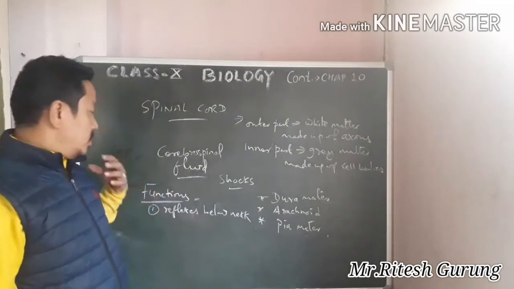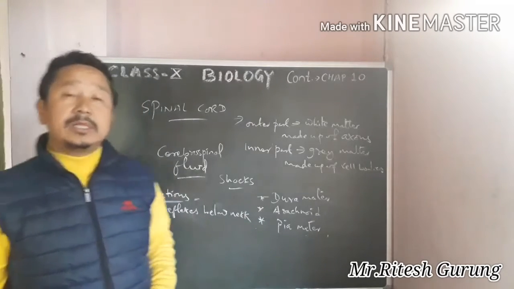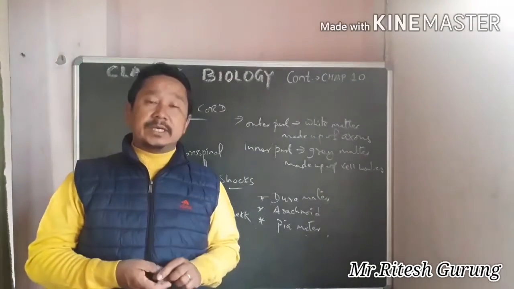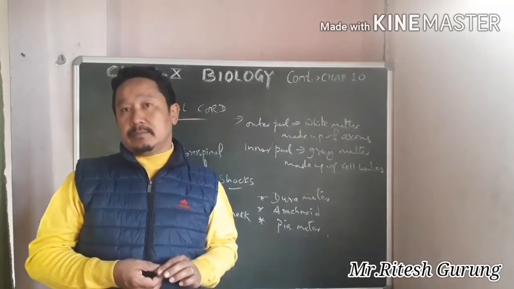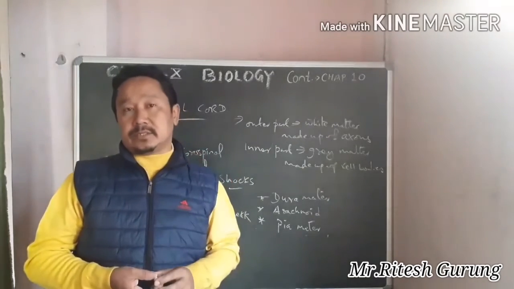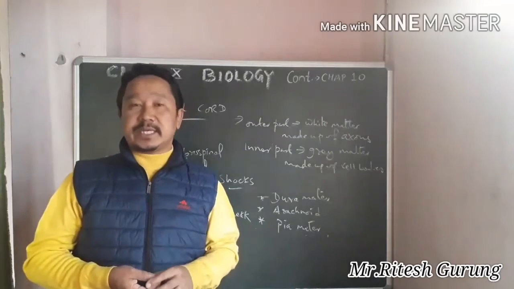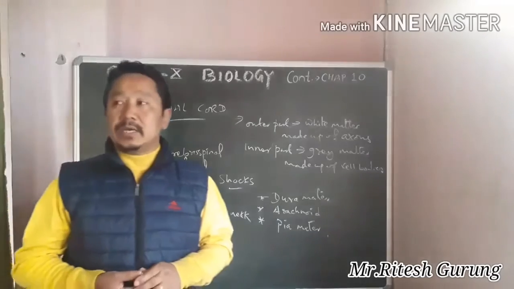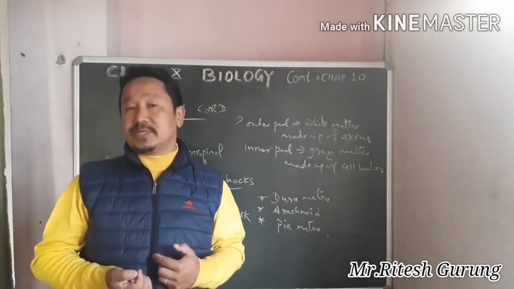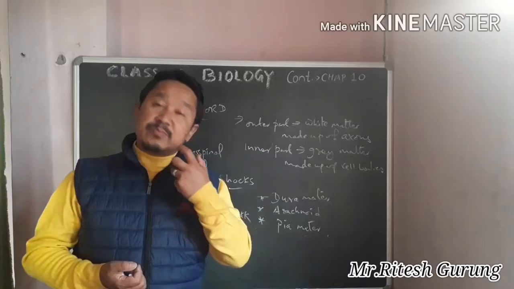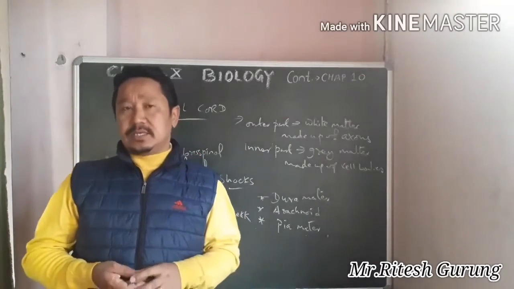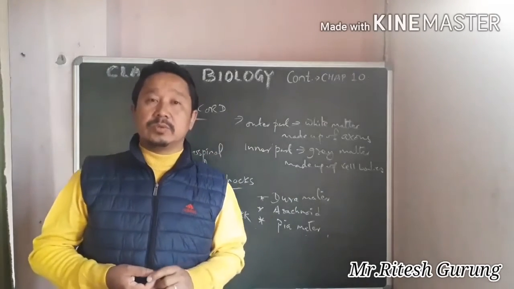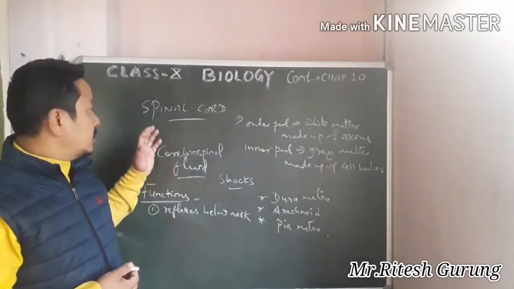Your spinal cord is concerned with all the reflex actions taking place below the neck regions. Reflexes mean involuntary actions, involuntary activities taking place in the body. For example, peristalsis, which means peristaltic movement of the alimentary canal. Then your respiratory movements. So these are the reflexes, and these reflexes are also controlled by the spinal cord.